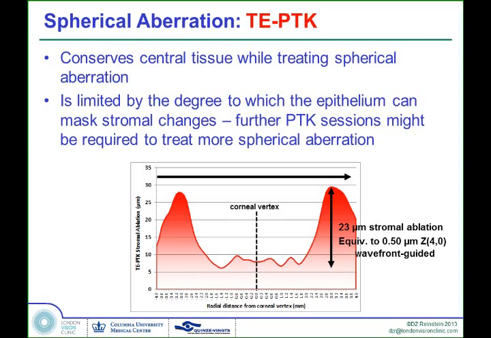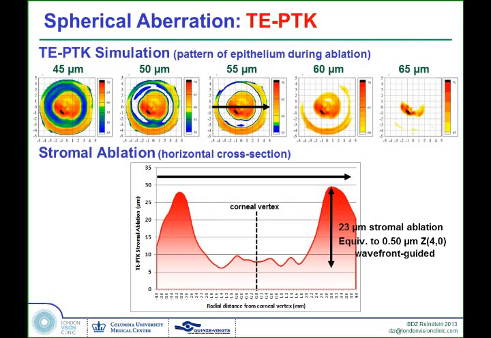Yeah, can I make a point? Go back two slides, because this is if you want to try this at home. If you look at the simulation of what will happen as you're going down, here what we would do is we would stop at 60 microns. The reason being that we don't want to go between 60 and 65, because now we're starting to get a lenticular cut in the center of the cornea.